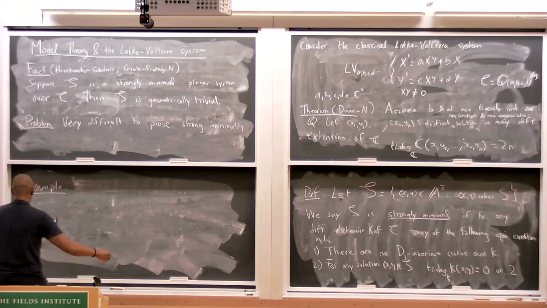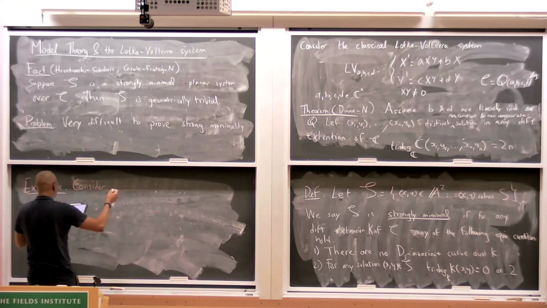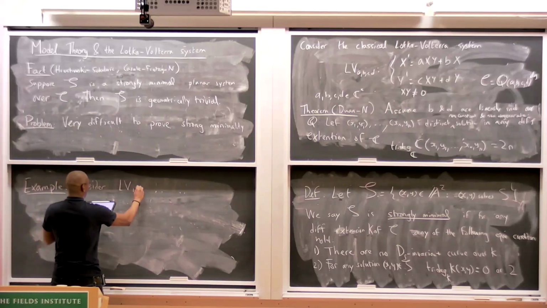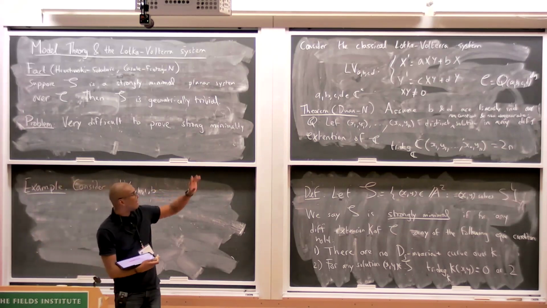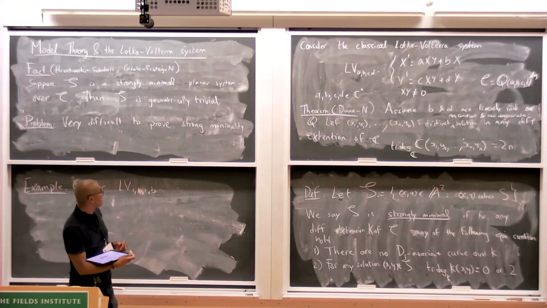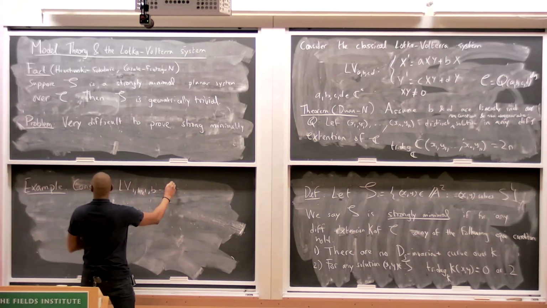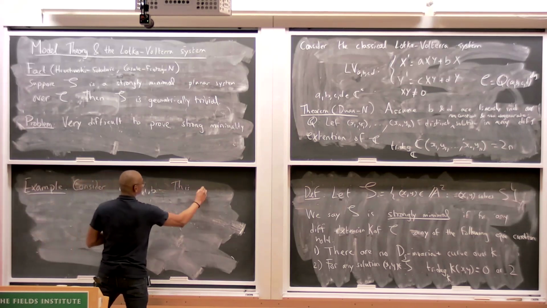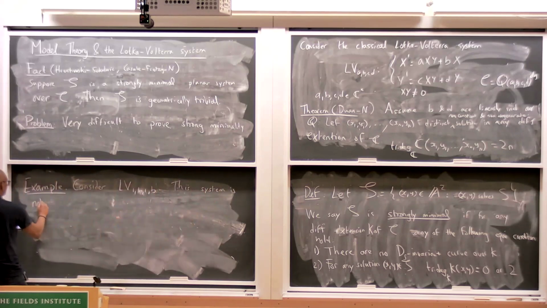All right, so consider, I'm going to take, just for simplicity, LV 1B. Okay, so A and C are not present, or 1 here, and B equals D. So what we have is that this system is not strongly minimal.